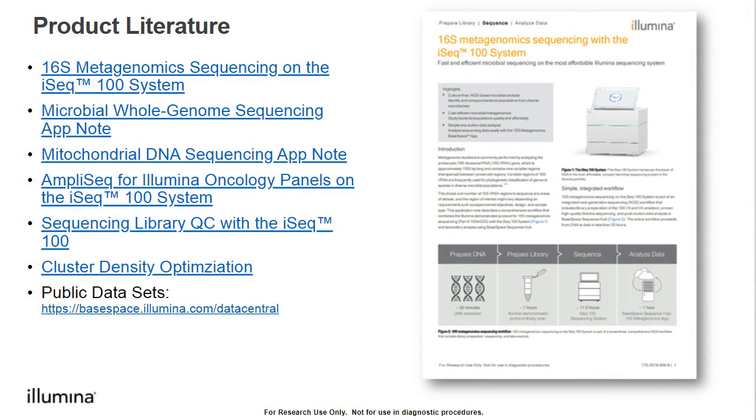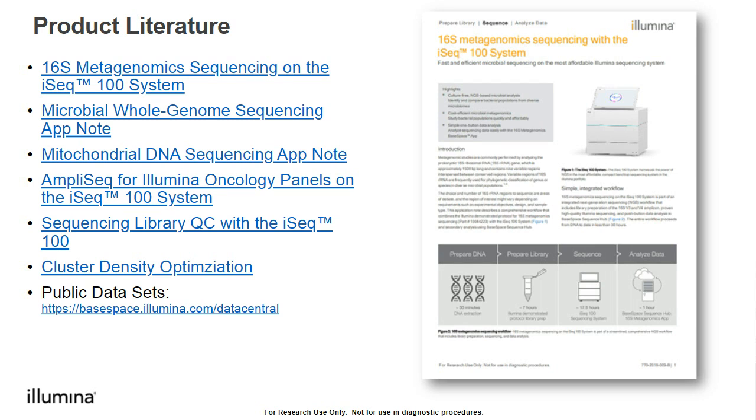I particularly like the sequencing library QC with the iSeq 100. It goes over how to use this instrument as a QC machine before it goes on to a NovaSeq instrument. I also think the 16S metagenomic sequencing on the iSeq TechNote is very, very helpful to go over how that application might be utilized on the iSeq 100.